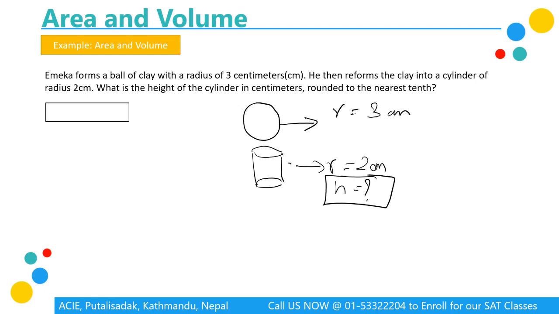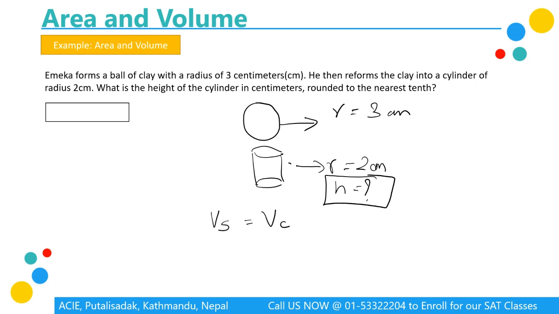Now here, the clay that our cylinder is made of is the same clay, without adding any extra clay or removing clay. Hence, the volume of the sphere is equal to the volume of the cylinder.